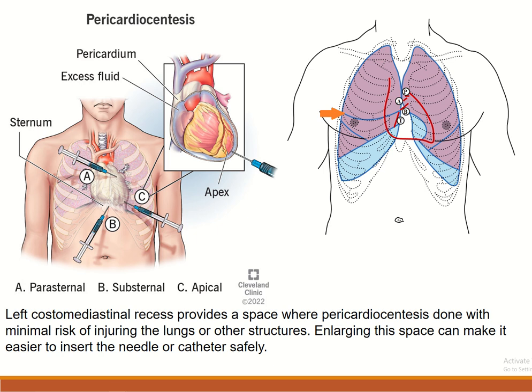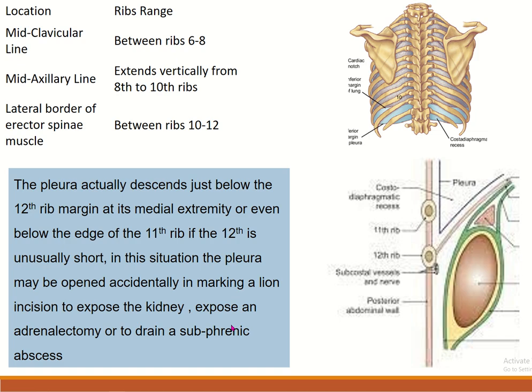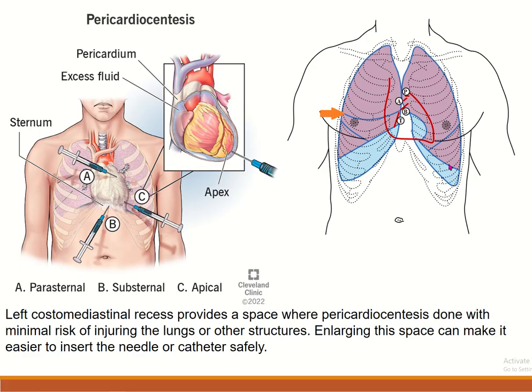Enlarging this space can make it easier to insert the needle or catheter safely. Due to the large left costomediastinal recess, you can easily approach the heart without injuring the left lung.